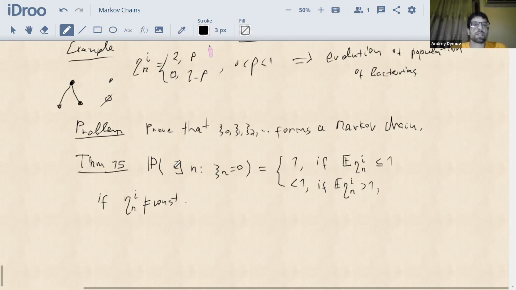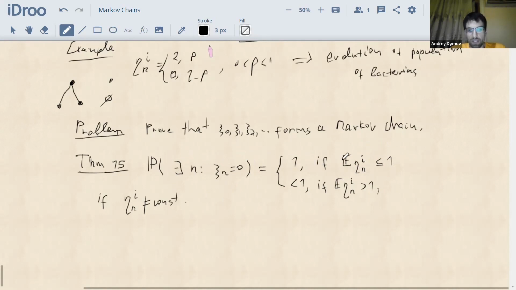Of course, this event may happen with positive probability, but this probability is strictly less than 1. But if the average number of descendants is less or equal than 1, then the probability that one day everybody will die equals 1.